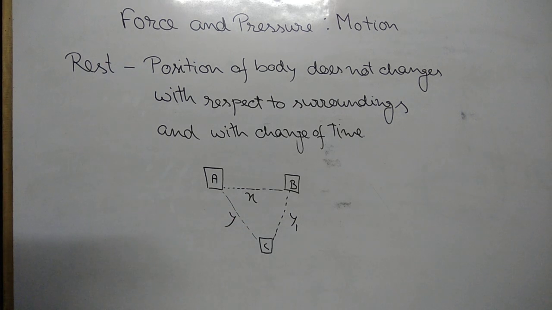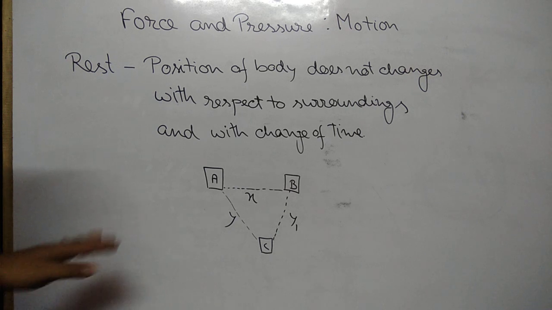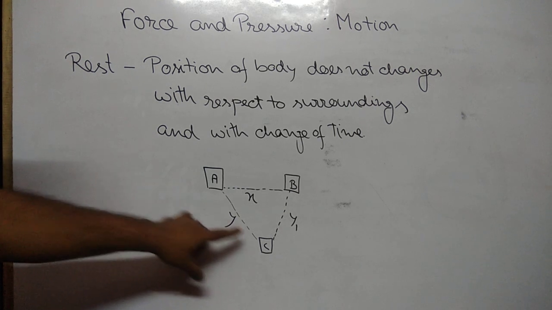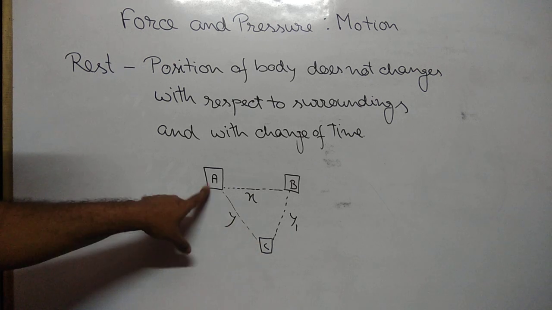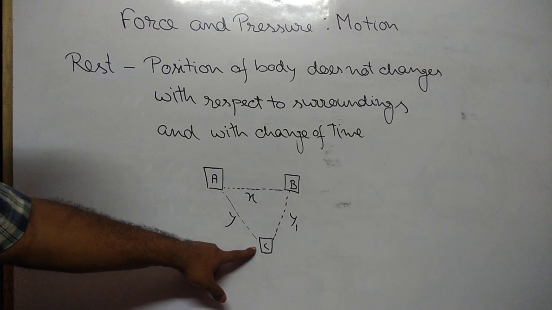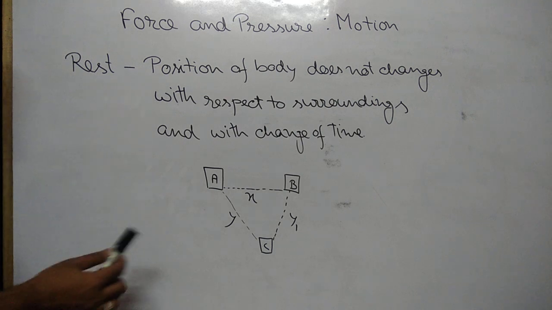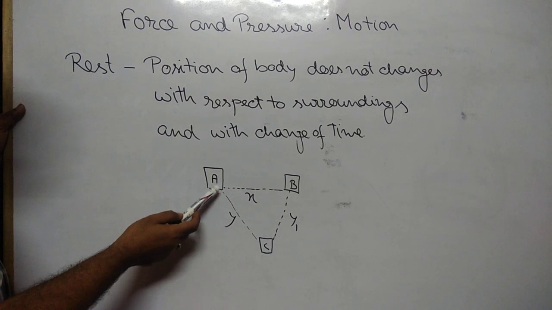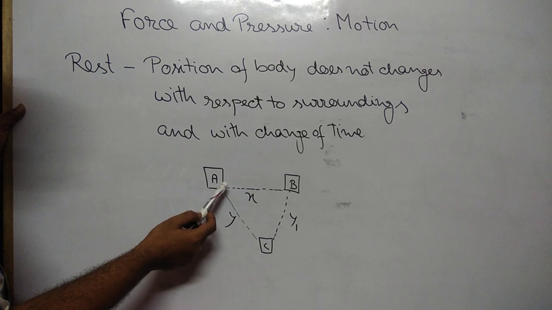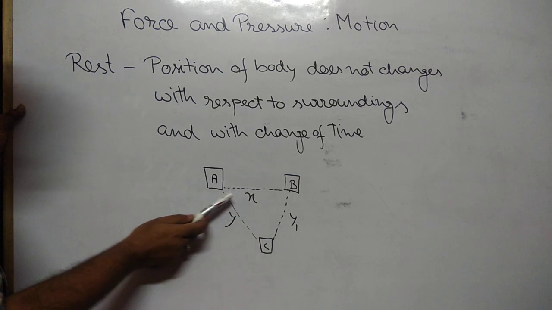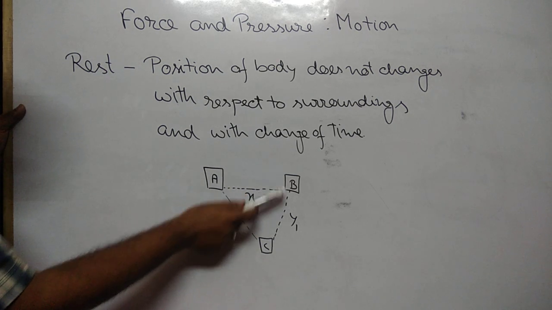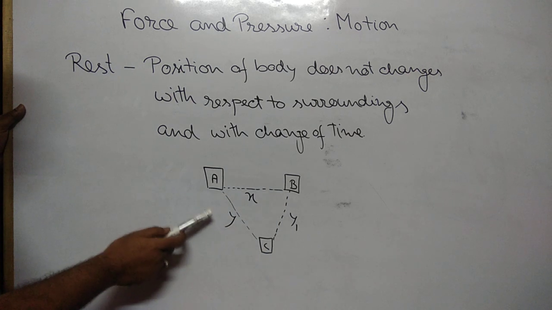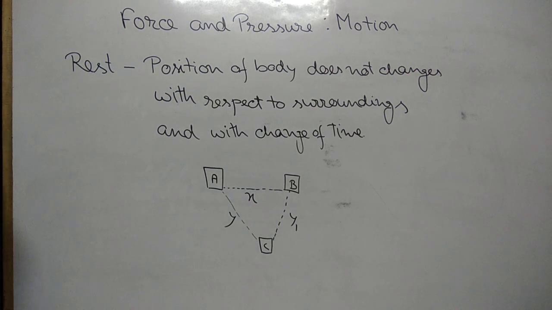As time is changing, with respect to this reference point A and B are not changing their places, and if we take A and B with respect to each other, their distance is fixed. So A and B are at rest, they are not changing their position. This type of condition is the rest condition.